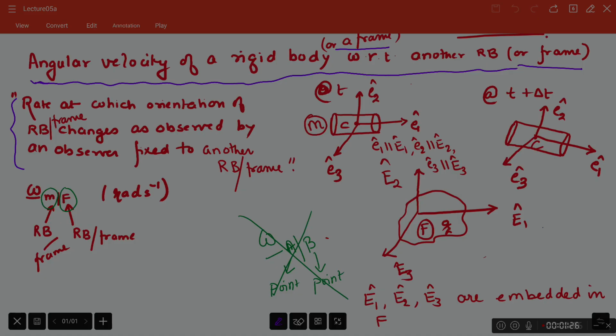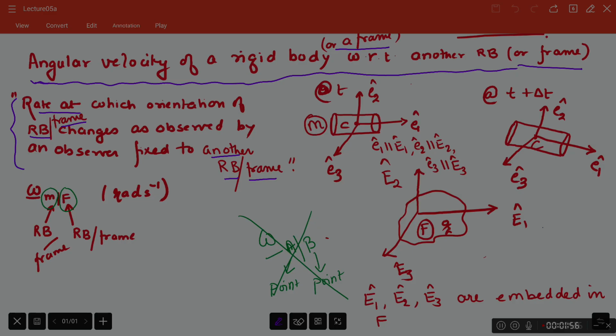The frame and rigid body can be used interchangeably, and still the quantity that we are trying to describe remains the same. Thus I have written here: rate at which orientation of an RB or a frame changes as observed by an observer fixed to another RB or another frame.